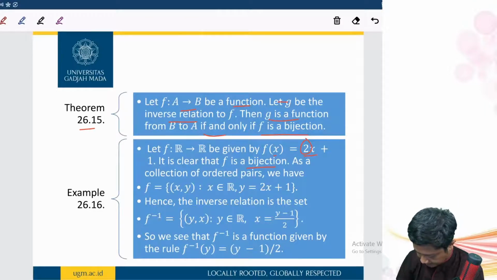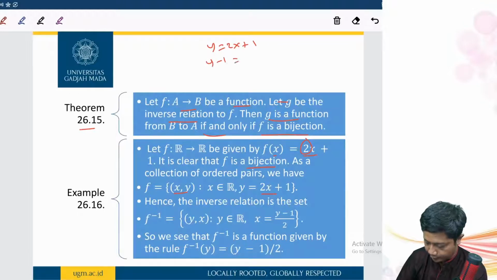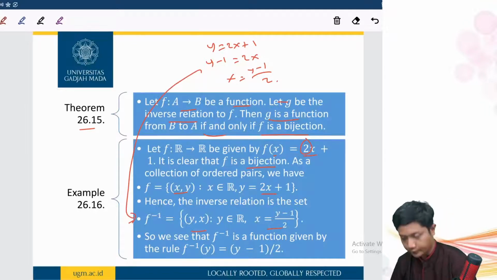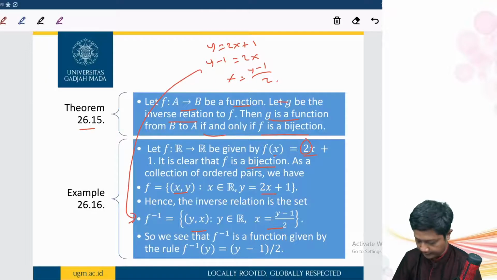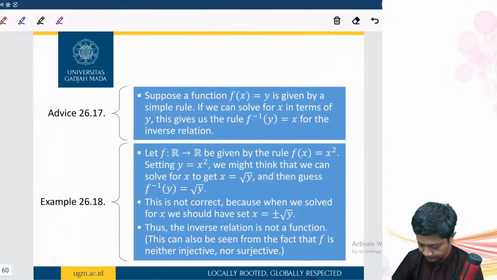And what is the inverse? We have y = 2x + 1, so y - 1 = 2x, then x = (y - 1)/2. That's why we have this f inverse, x = (y - 1)/2. That's how to calculate the inverse.